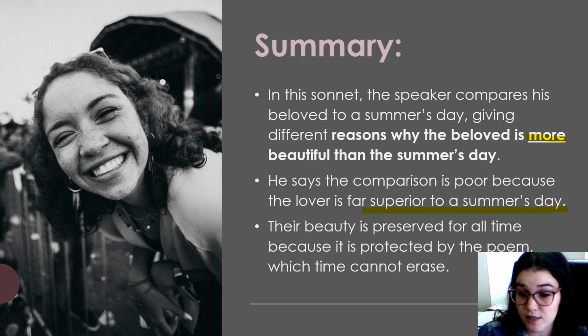Okay, and it also says here that their beauty is preserved for all time. The beauty will not die. It will always be remembered because it is protected by the poem, which time cannot erase. So as long as people are studying this poem, the people will be reminded of how beautiful Shakespeare's subject was.